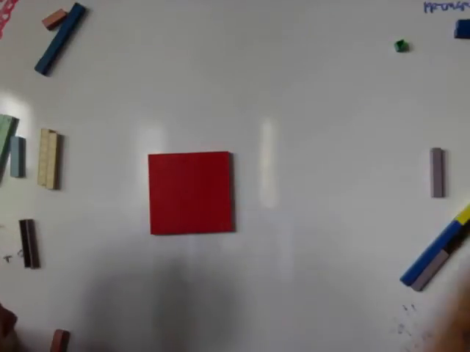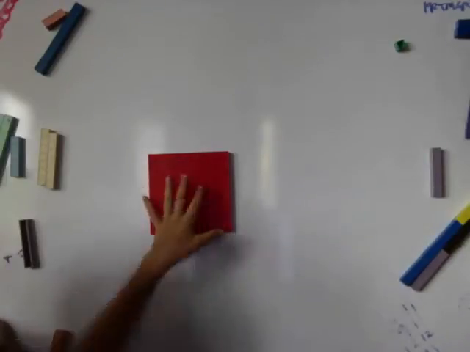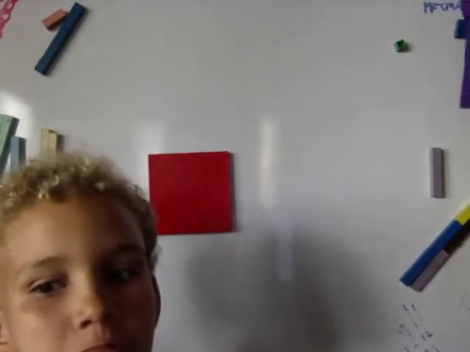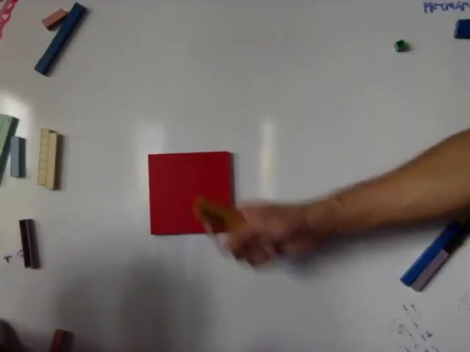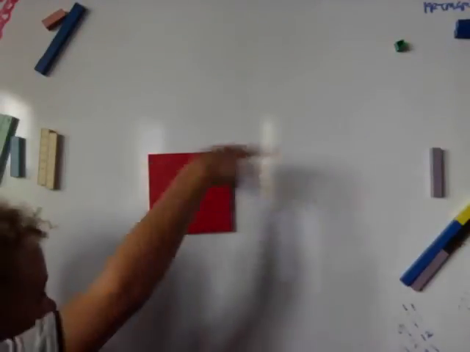So look, Paige. This is 100. Do you know how many years are in a century? How many little dots are in this? 100.